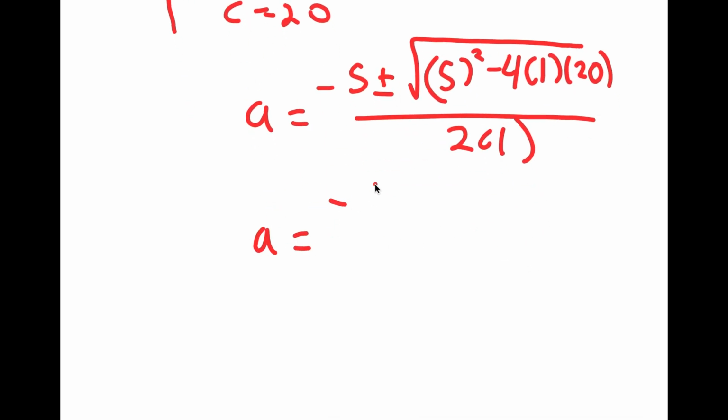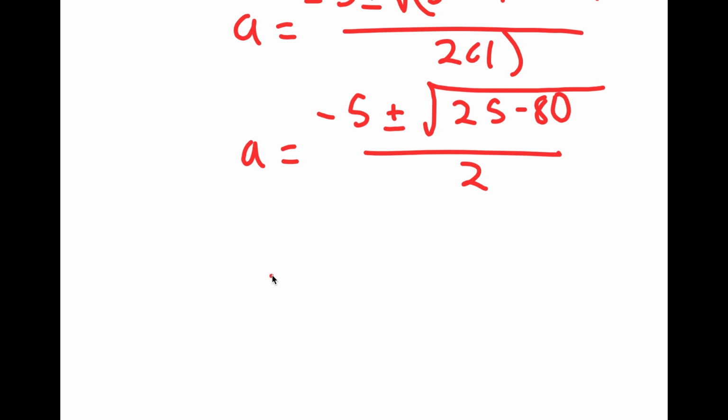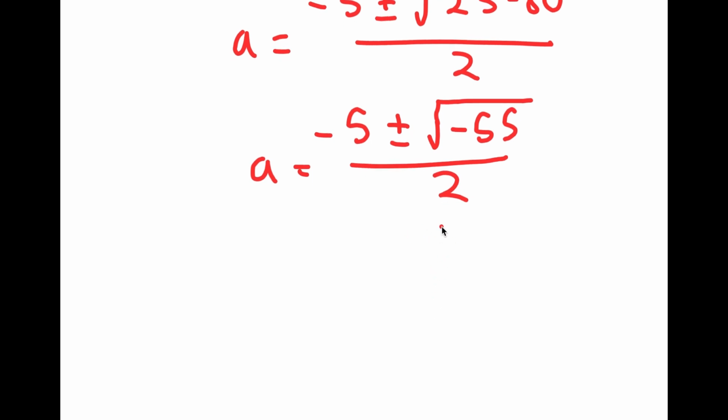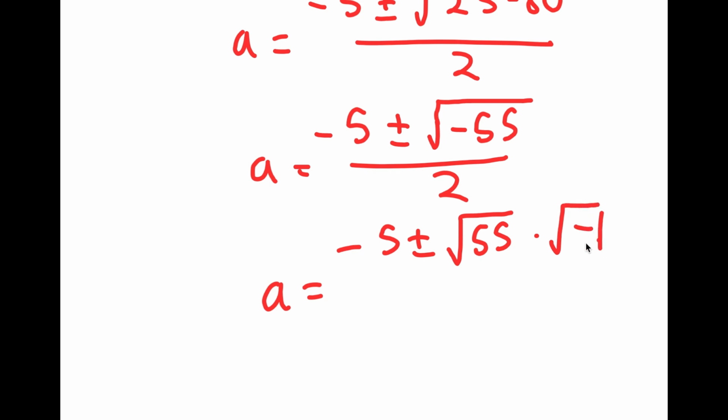And this is equal to negative 5 plus or minus the square root of 25 minus 80 over 2, which is equal to negative 5 plus or minus the square root of negative 55 over 2. So we have the square root of negative 55, and I can rewrite that as the square root of 55 times the square root of negative 1.